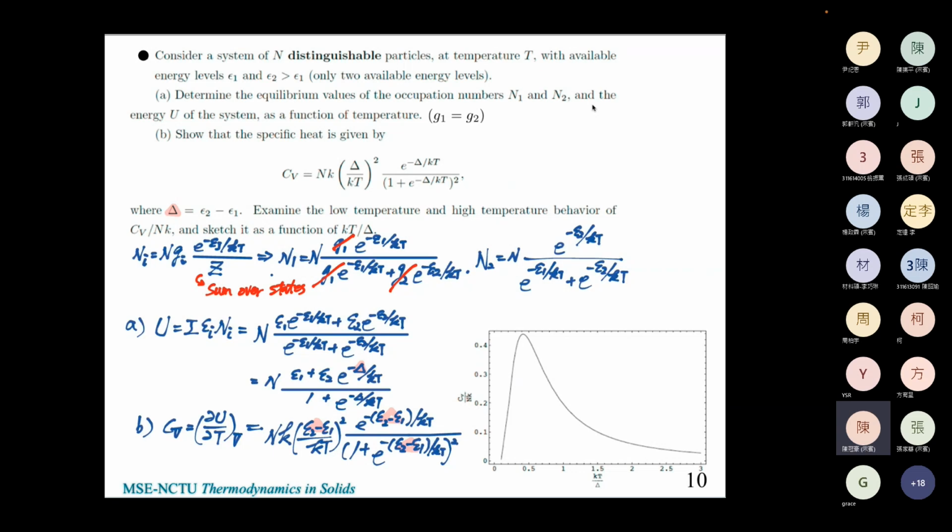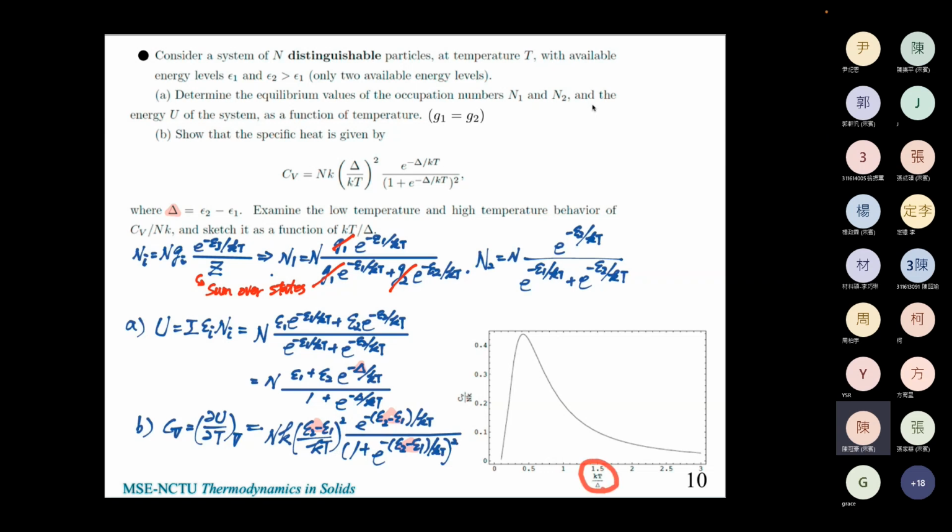Right. Then, if we have CV, we can examine it. We can plot it because the temperature can be changed, so we can plot the function. The question says to examine the low temperature and high temperature behavior of CV over NK, and sketch it as a function of kT over delta.